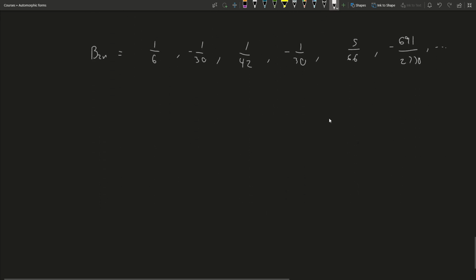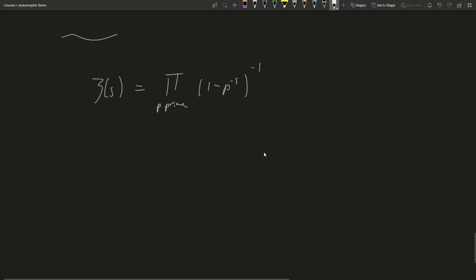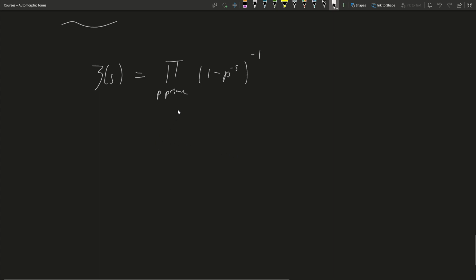The last thing I want to talk about for the Riemann zeta function is that it has an Euler product. So you can write the Riemann zeta function as the product over primes, where each factor is 1 minus p to the minus s, to the minus 1. And proving this is quite easy.